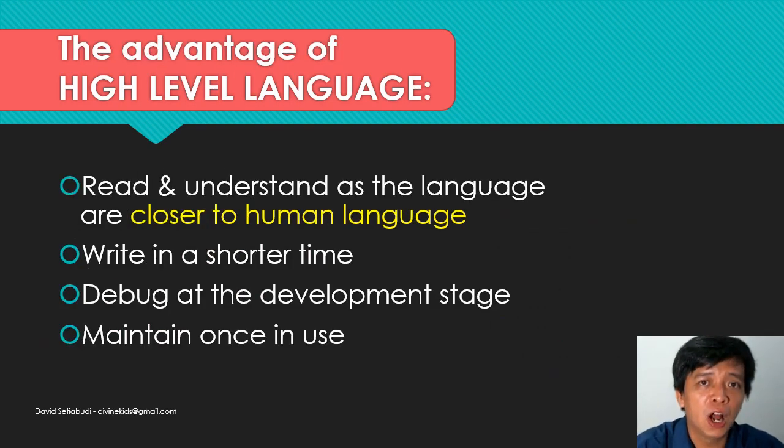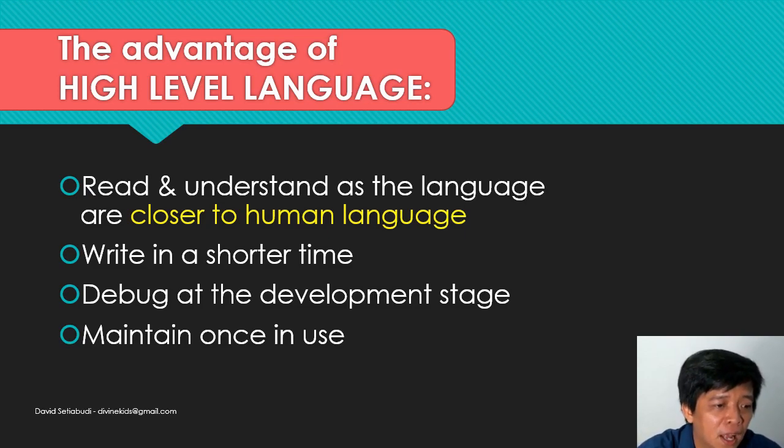The advantage of high-level language: it is easy to read and understand, as the language is closer to human language. See, it's an English-like language, so it's easier to understand.